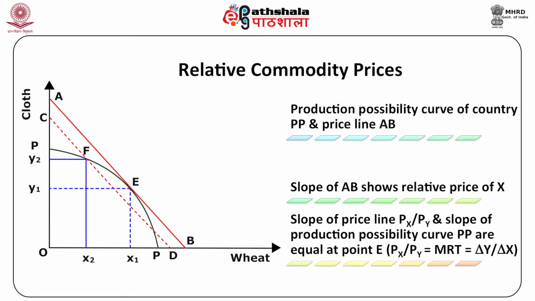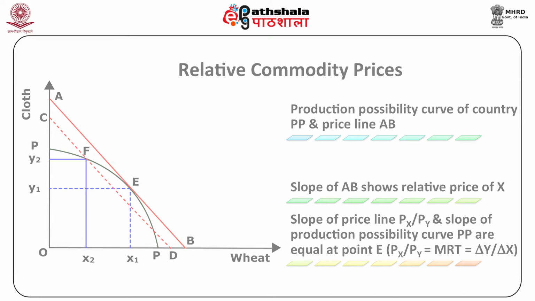In the figure, we have the production possibility curve PP and the price line AB. The slope of AB shows the relative price of X, that is Px by Py. The slope of the production possibility frontier PP at E is equal to Px by Py, which is equal to MRT, which is equal to change in Y by change in X. A competitive economy will produce at point E, and by doing this, it will maximize its national output.